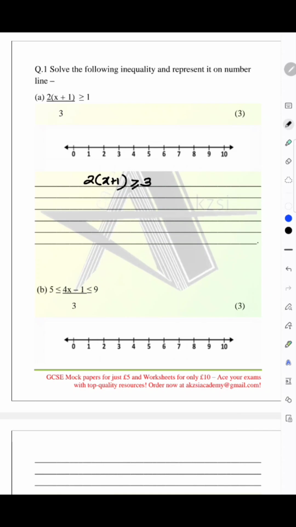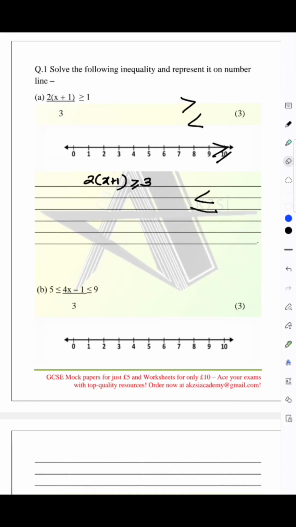Also, I hope you are all aware of these signs like greater than, less than, greater than equals to, less than equals to. Greater than means that x is greater than 1, just like I've explained. That means x can take all the values that are greater than 1. It can be 2, 4, 5 till infinity. Less than means x can take any value which is lesser than 1.